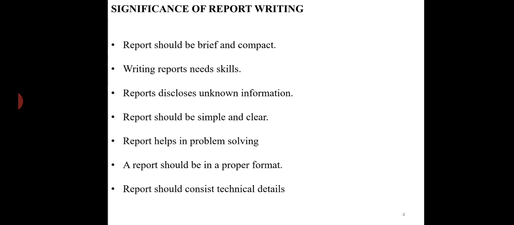Then the last one is a report should consist of technical details. It means a report presents adequate information on various aspects of the research. In report writing, a researcher should give full attention to using the technical terms and technical details.